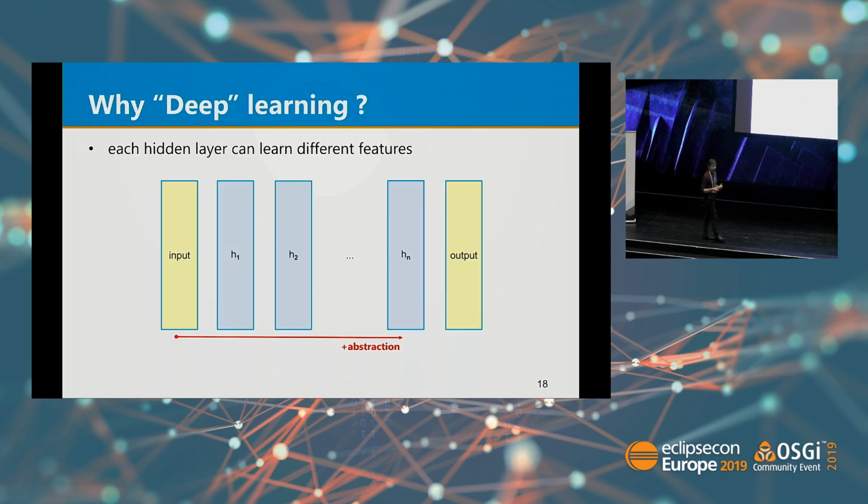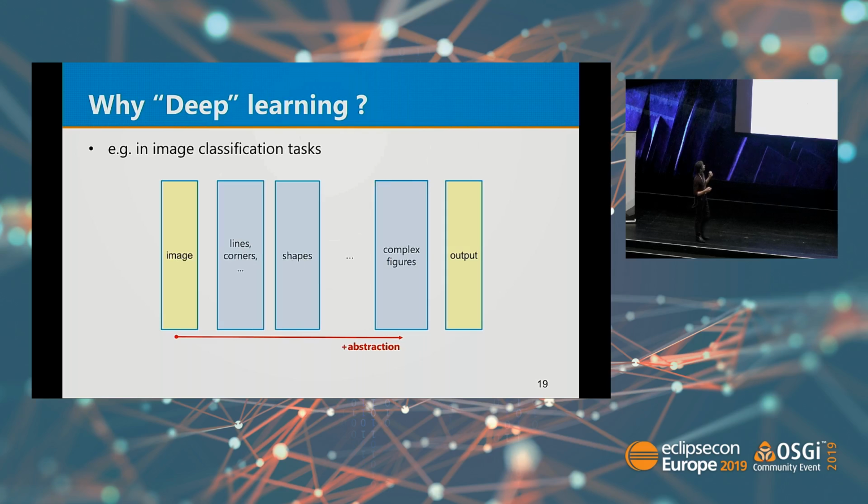And why the term deep? Well, because it has been discovered that when a network has many hidden layers, the layers that are more distant from the input tend to detect more abstract features. What do I mean?